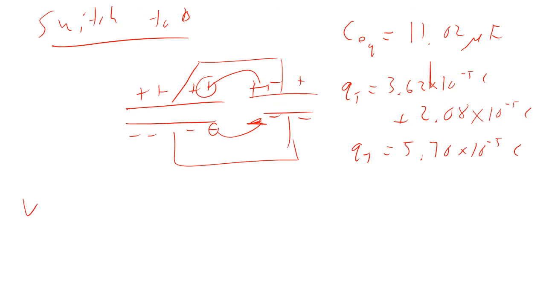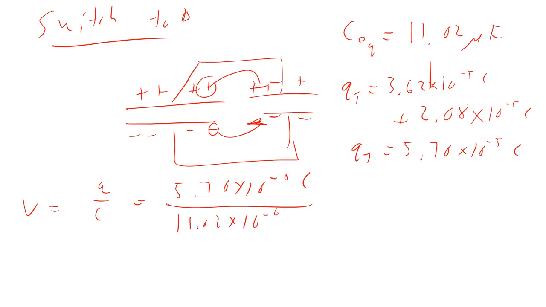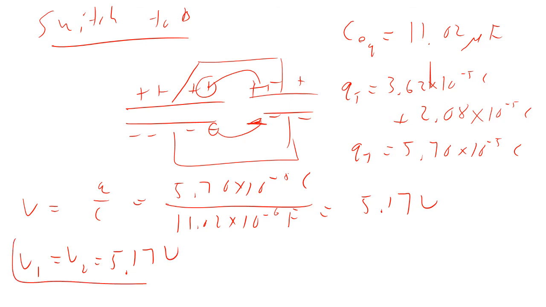Well, that means the voltage on the equivalent capacitor is going to be equal to Q over C, so that's 5.7 times 10 to the minus 5th coulombs divided by the 11.02 times 10 to the minus 6 farads, and that comes out to be 5.17 volts. So V1 equals V2 equals 5.17 volts.